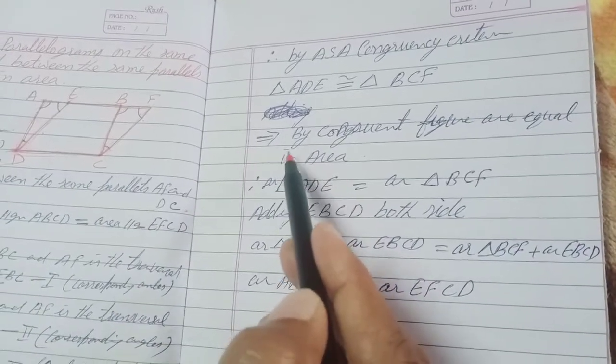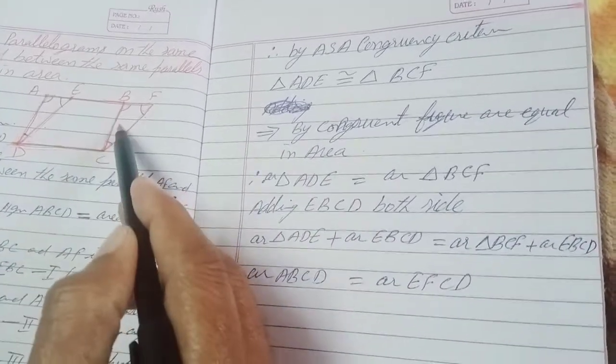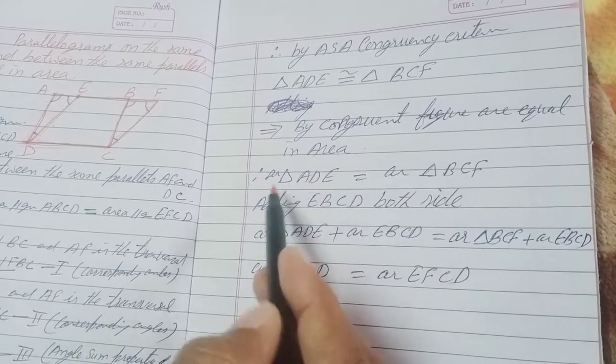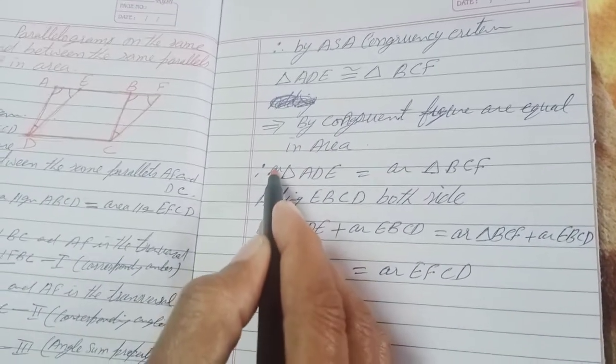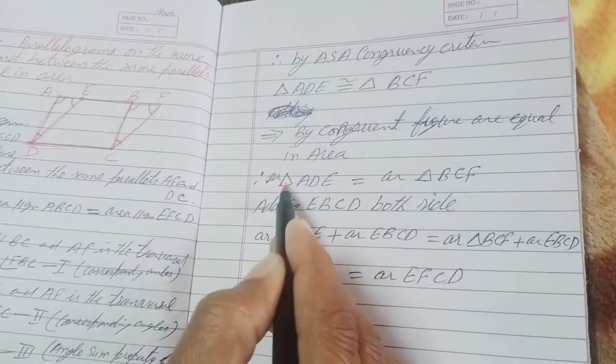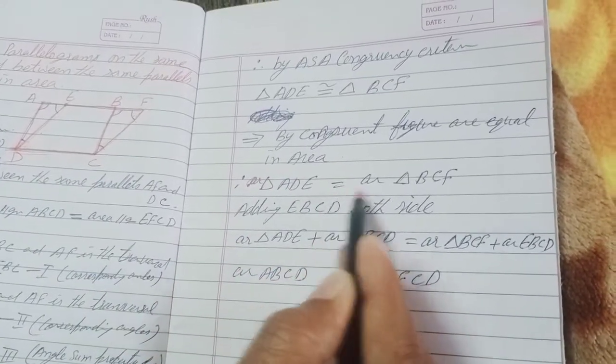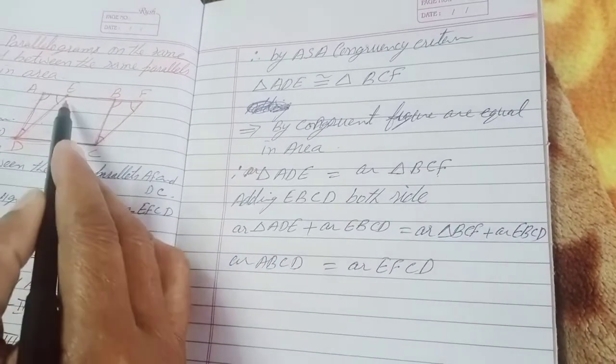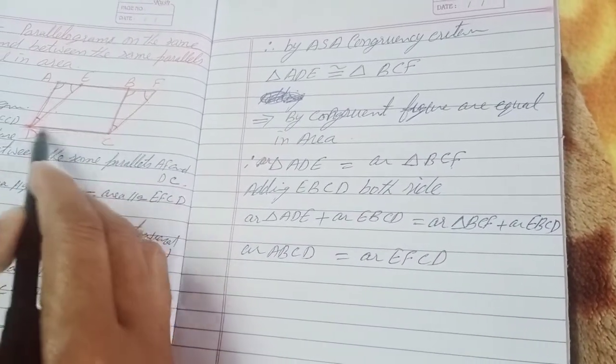Once two figures are congruent, their areas got to be equal. Therefore, we can write that area of triangle ADE is equal to area of triangle BCF. Let's add this figure both sides.